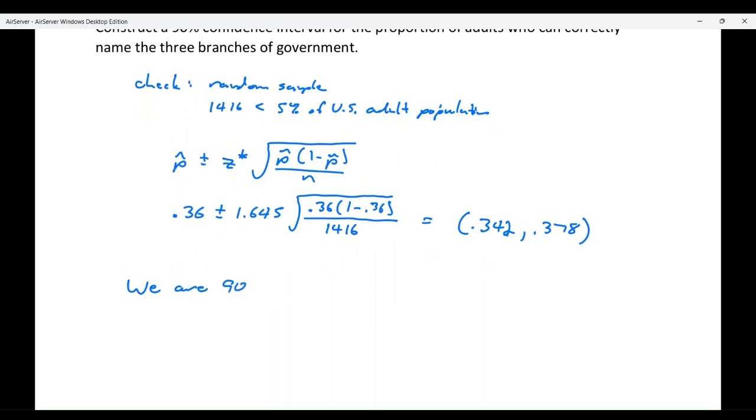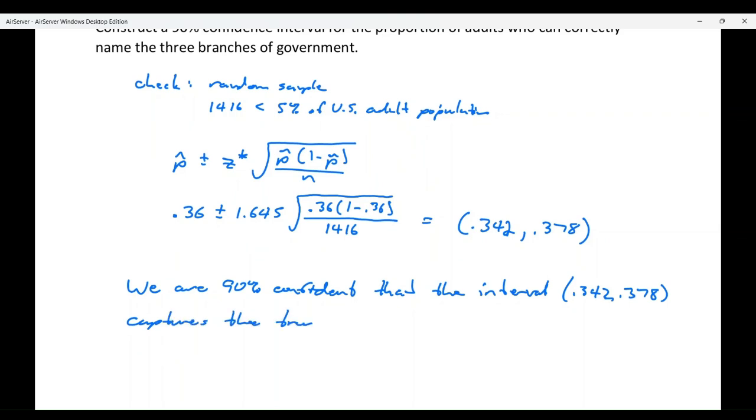We are 90% confident that the interval 0.342 to 0.378 captures the true proportion of US adults who can correctly name the three branches of government.